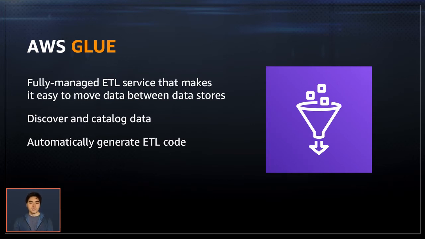And Debbie is choosing to use AWS Glue because it simplifies and automates a lot of the difficult and time-consuming parts of ETL, like data discovery, converting that data, and scheduling these job tasks.